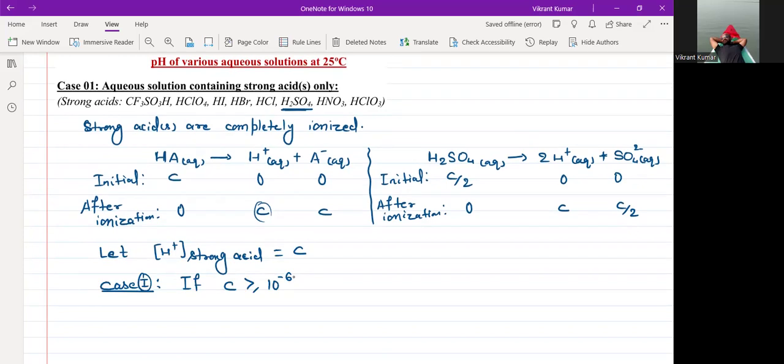Why I'm taking this number? That will be clear if I write whatever I want to write after that. Then H plus from water can be considered much less than H plus from strong acid. Why I have written like that? Anyone?